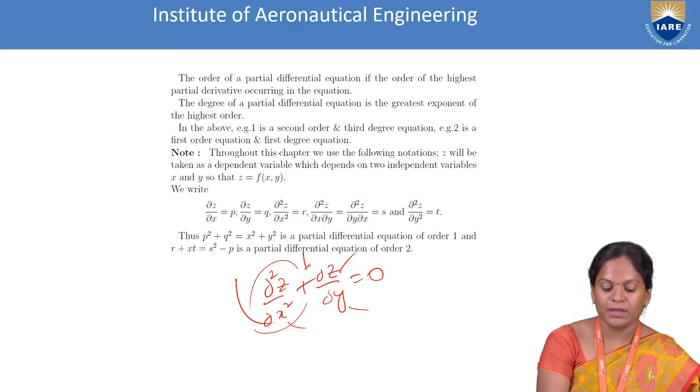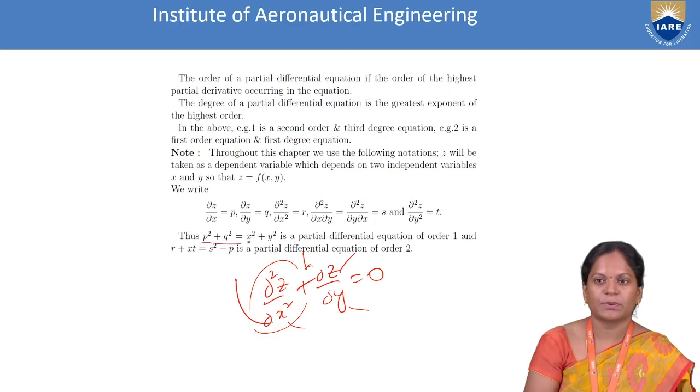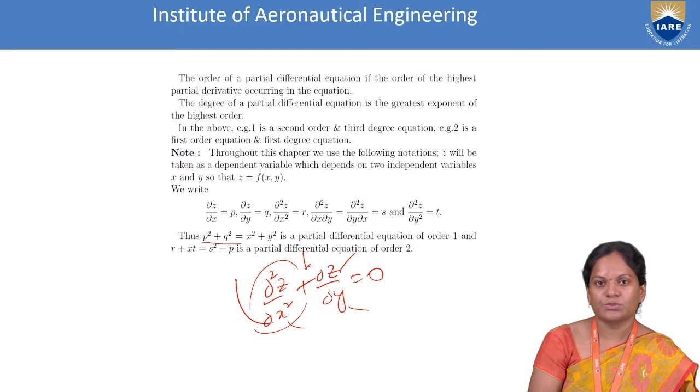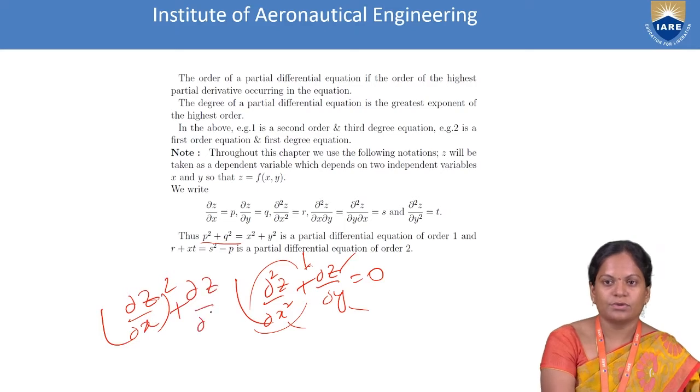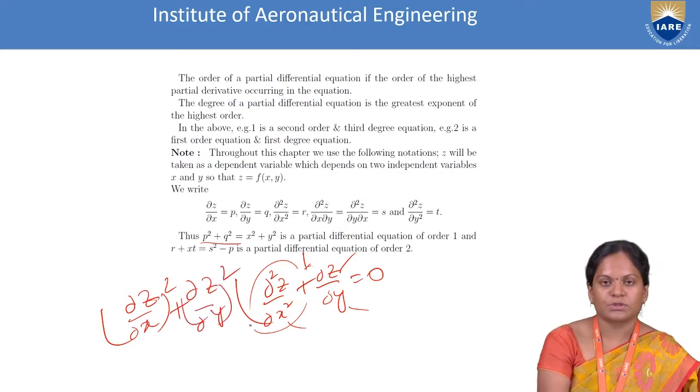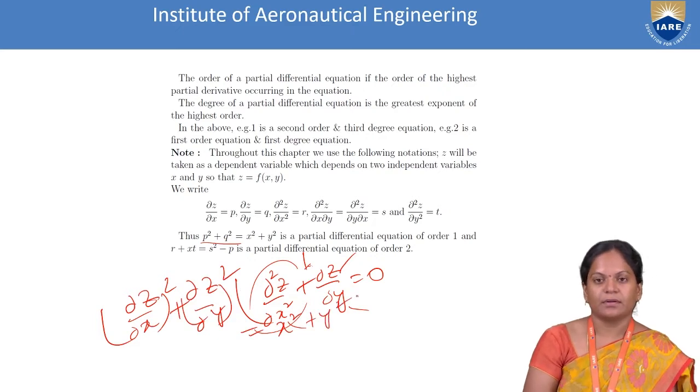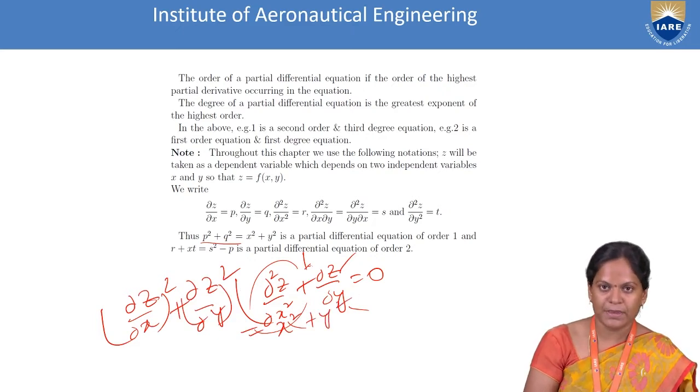And for example, here we have p² plus q² equal to x² plus y². What are p² and q²? p is ∂z/∂x whole squared and q is ∂z/∂y whole squared, which is equal to x² plus y². So ∂z/∂x is only p, which is first order.